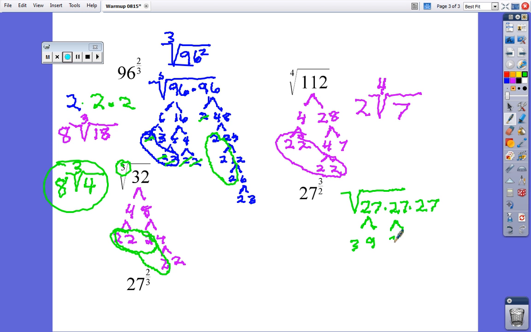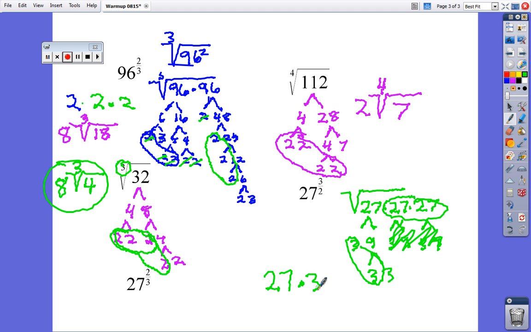Well, actually, I've got a pair of 27s here, so why even bother? So I can pull out one of the 27s, since that is a pair. Here I can factor this 9, and I have a pair of 3's, with 1 3 left in the radical sign. And then I multiply 3 times 27 and get 81 for my answer. 81 times the square root of 3.